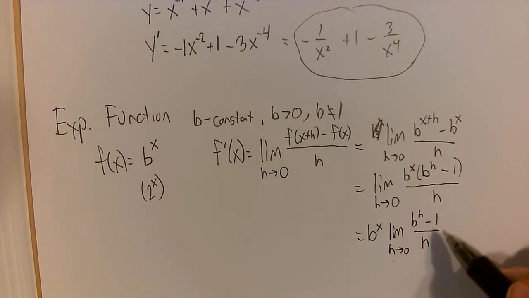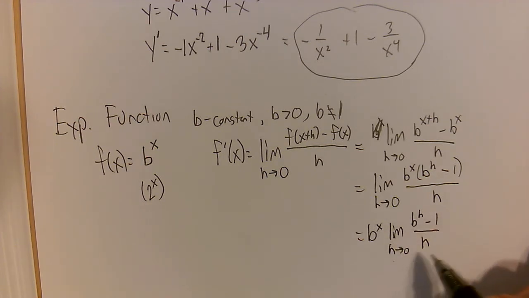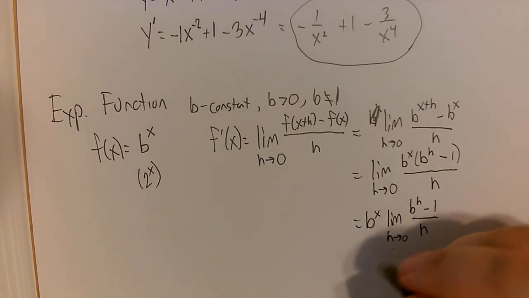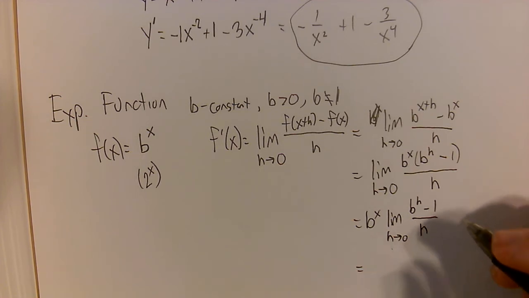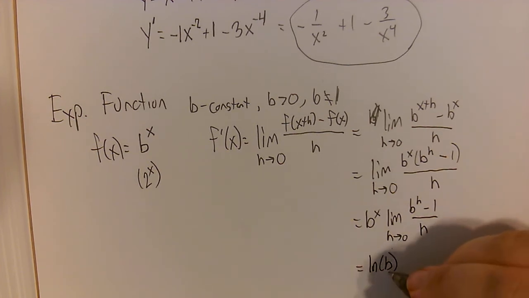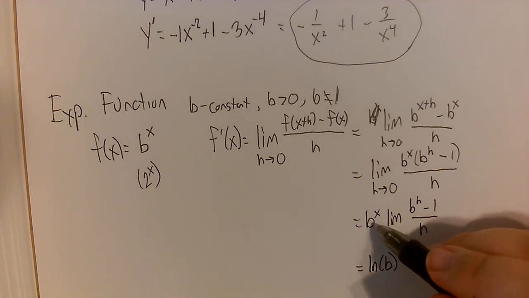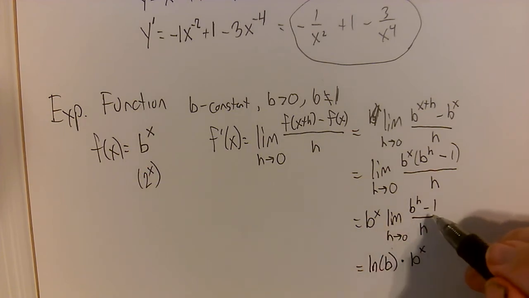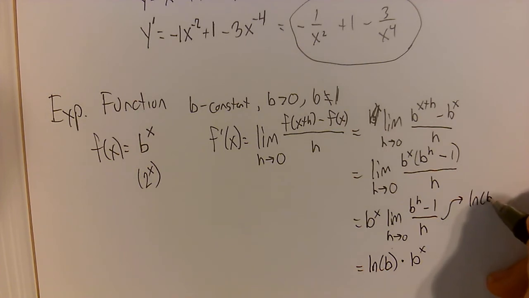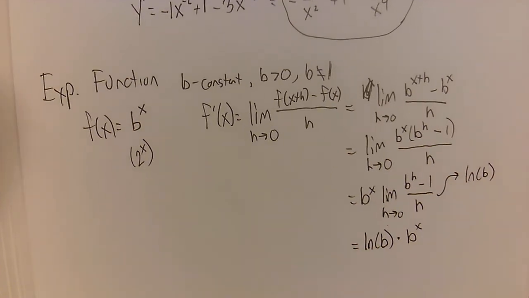Alright, so then we have this bizarre limit, and this is where things end up getting technical. So I'm going to skip over those details, but of course you're welcome to ask me about those elsewhere. This limit is going to end up being natural log of b right here. And then we have this b to the x.